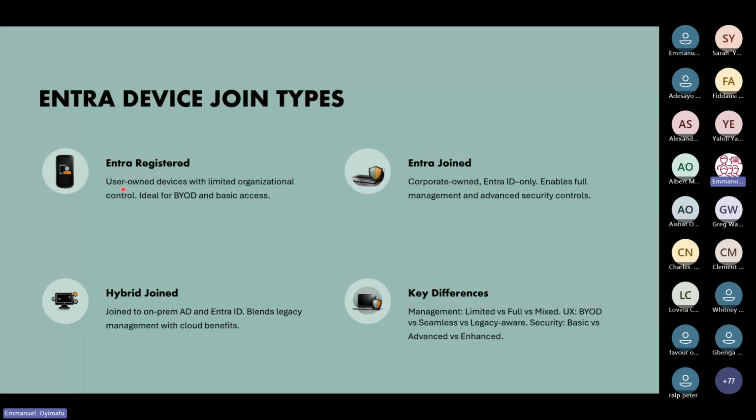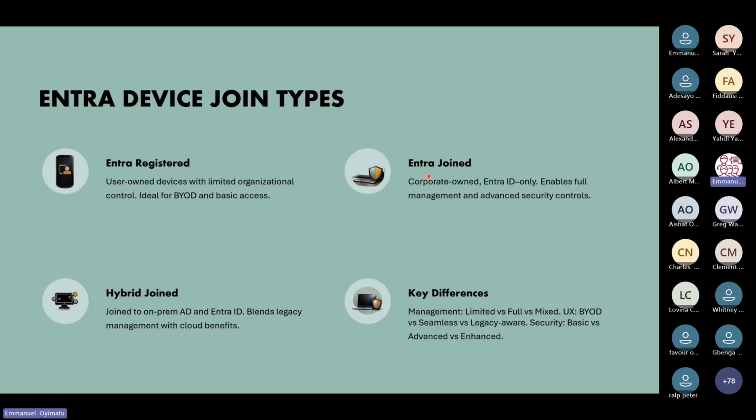That's where we now look at corporate owned. This one is user owned. This one is corporate owned. Then it is Entra ID only. What this one does is that it enables full management and advanced security controls. So you see, this one will give the organization full management, but for registered or BYOD, it gives the organization limited organizational control.